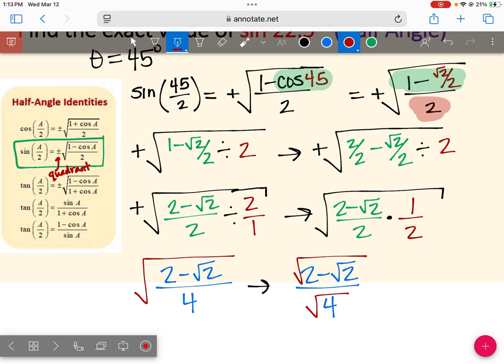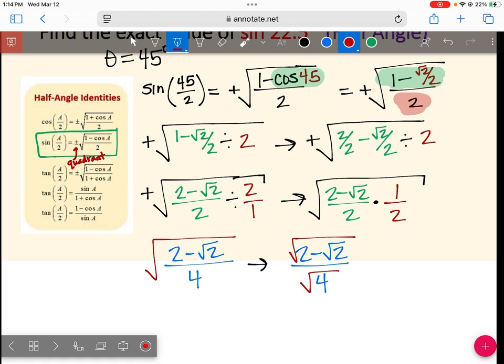And this is really fortunate for us because remember, we can't leave a radical in our denominator. But because 4 is a perfect square, it takes care of itself. So my final answer is you're going to have a square root, and under that you have a 2 minus a root 2. And that's all over 2.